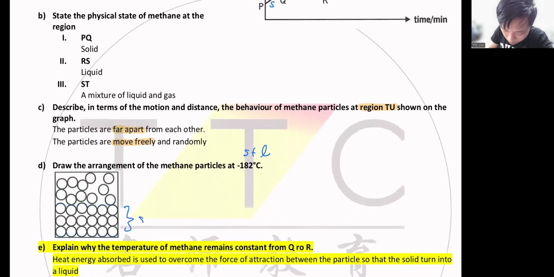Half of them are solid, then half of them are liquid. A liquid normally you draw 2 by 2, a bit of a gap, but 2 by 2. For gas, you just draw very far apart, if they ask for gas. But for liquid and solid together, you just draw half solid, half liquid.